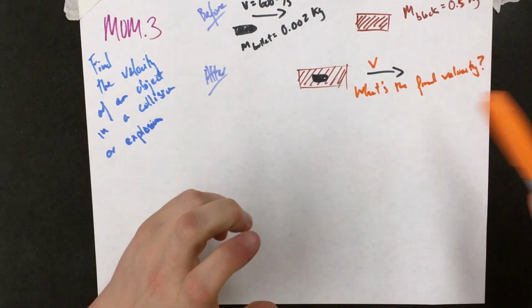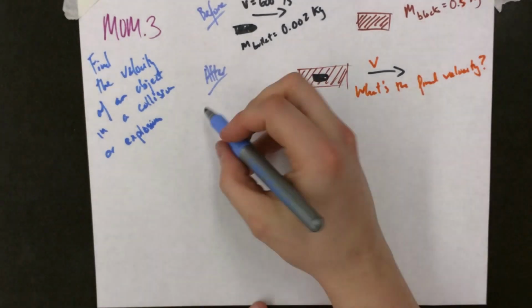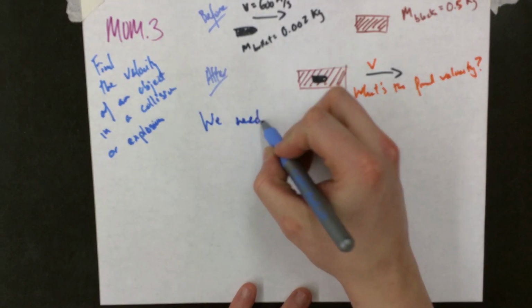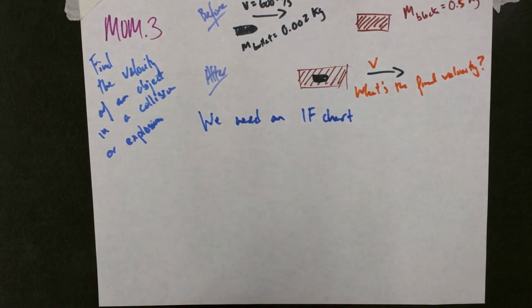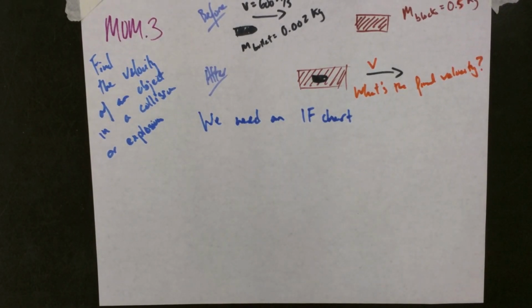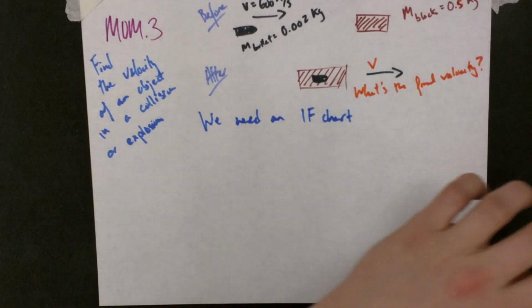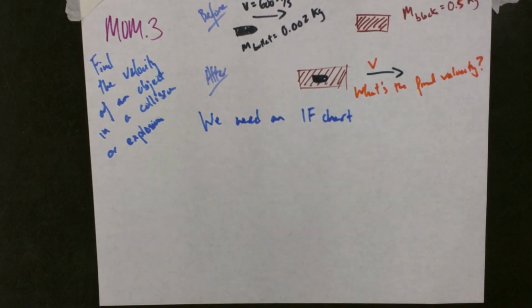To do this, we need another IF chart. These are so freaking powerful. Okay, let's start off with our I side, and then we'll draw our F side. Let's keep red.